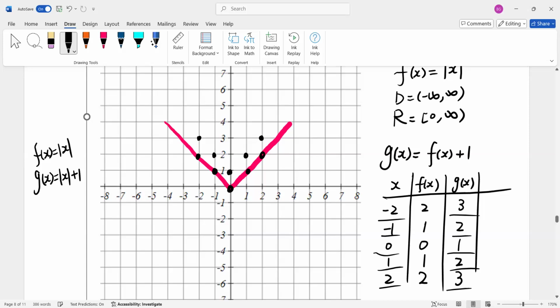So basically, this is the graph of the daughter function. We can get the graph of the daughter function by moving the mother function graph upward 1 unit.